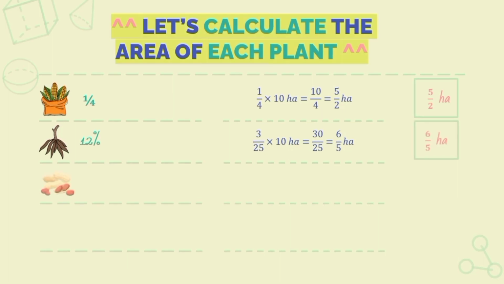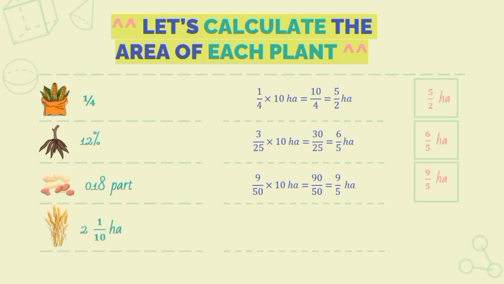For peanuts, it is 0.18 parts, which equals 9/50 multiplied by 10 hectares, equals 90/50, equals 9/5 hectares. For rice, it is 2 and 1/10 hectares, which equals 21/10 hectares.